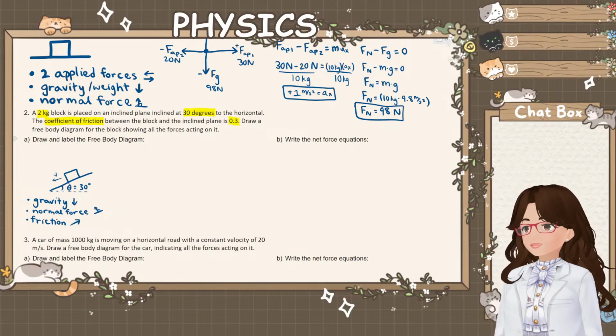Again, because the object is not flying or falling, it's going to be balanced in the y direction. And that's often the place to start because usually it is balanced in y. But let's go ahead and draw what's going on here. My personal preference whenever I'm working with an inclined plane is to create dotted lines to represent my x and y values.